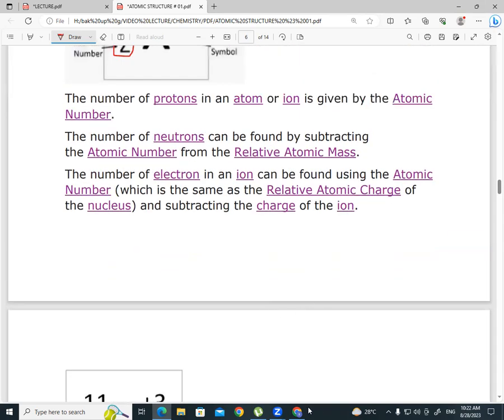We have learned how to find the proton and neutron. For electrons, in an atom the electron number will be equal to the atomic number, that is Z, and we will subtract the charge of the ion from the atomic number. In this way we will find the number of electrons in a charged particle.